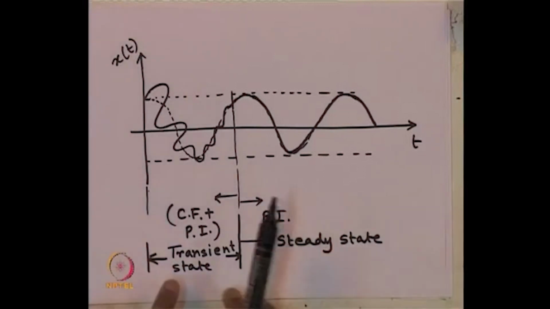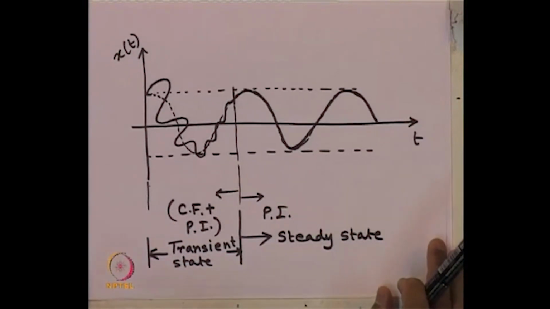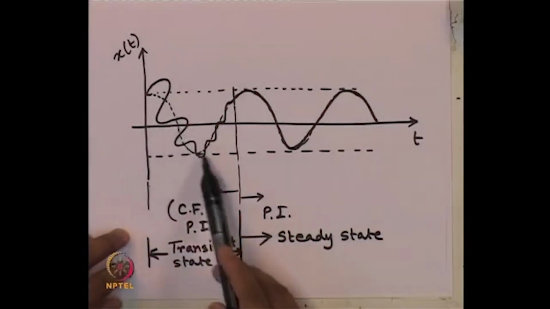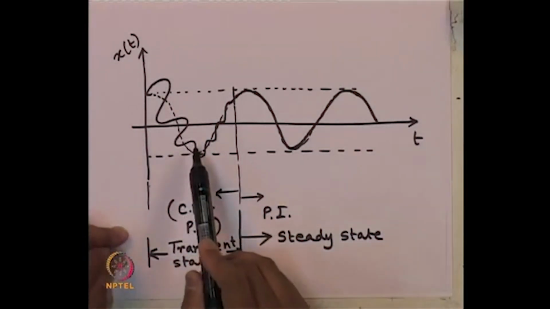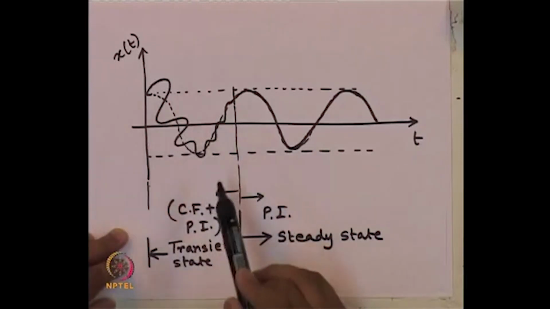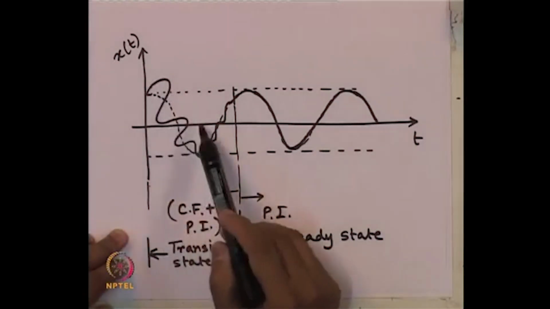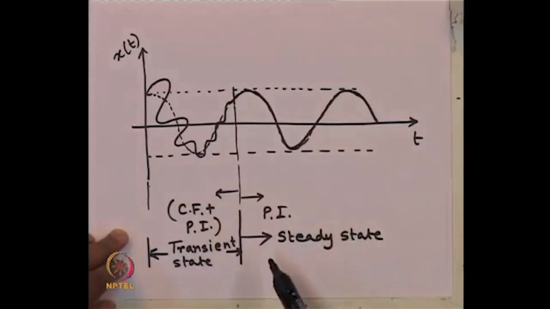And the transient state is that state of the system when the response is aperiodic, that is, the effects of initial conditions are present, because in this case all effects of x naught dot, everything is present, and the response is aperiodic.